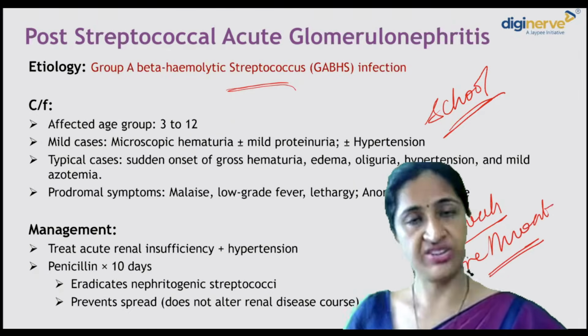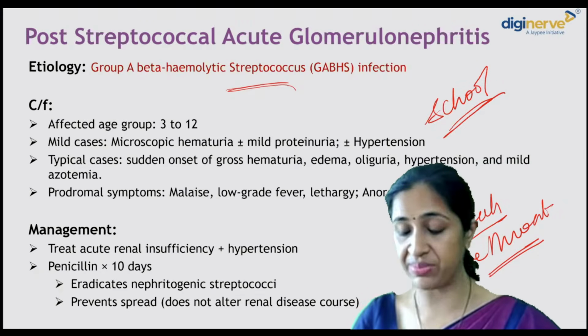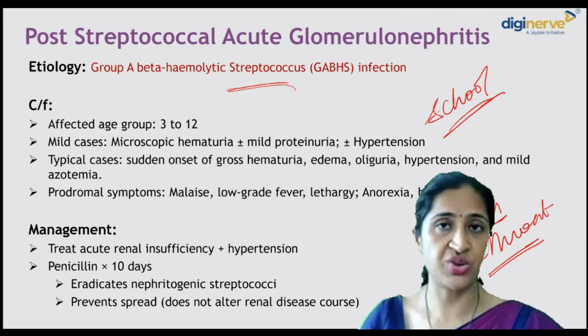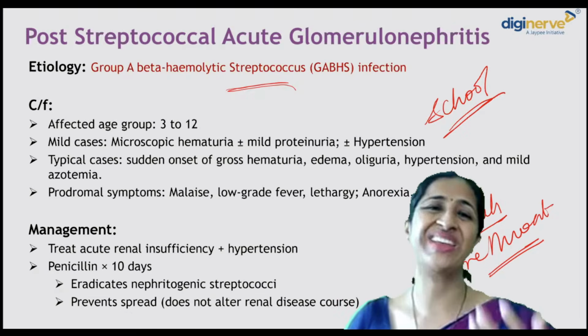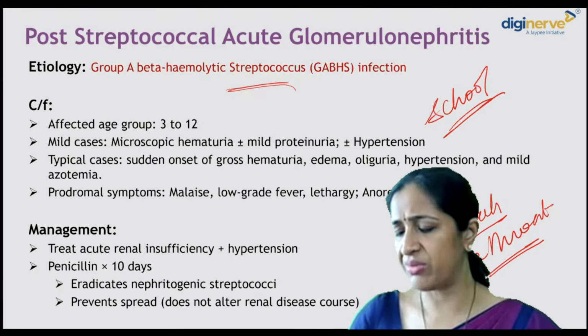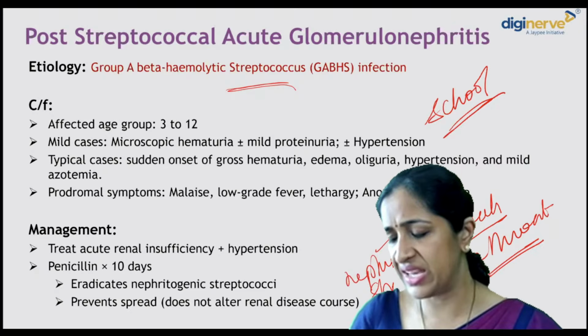Treatment is to treat the hypertension with antihypertensives carefully. If the child is in AKI, manage the acute renal insufficiency. Antibiotic is given for 10 days to eradicate any infections which may be there. Now remember, there are 2 things: either sore throat or you have nephritogenic strains in the skin.